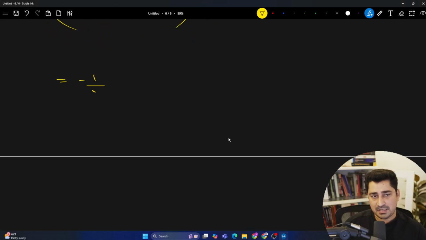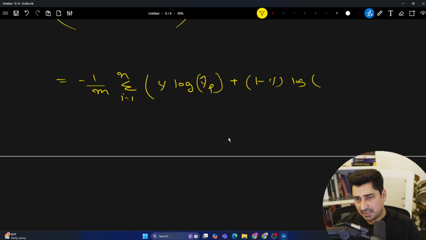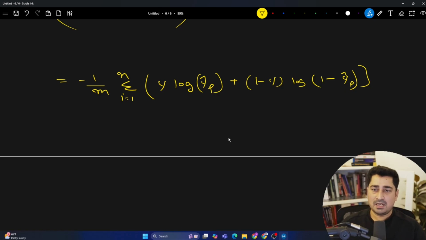It's going to be negative of 1 by m, where m is the number of data, summation for i equals 1 till n, of y, the expected value, times log of the predicted probability p, plus 1 minus y times log of 1 minus the predicted probability. So this is basically called log loss, or cross entropy loss.